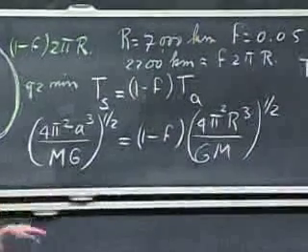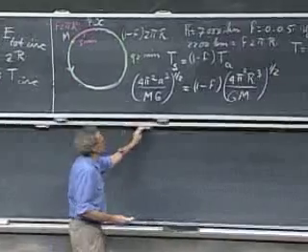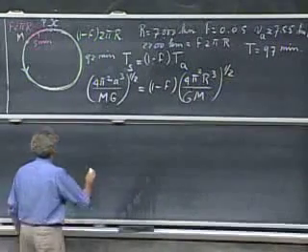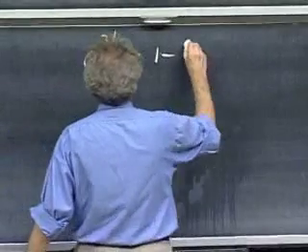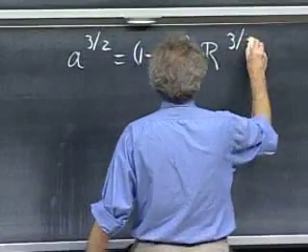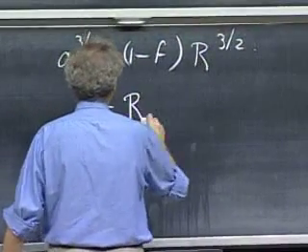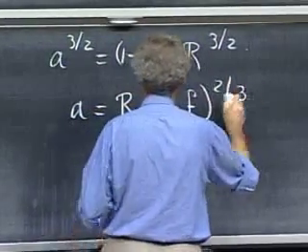Look, we lose m, we lose g, we lose 4, we lose pi. What we don't lose is a to the power 3/2 equals 1 minus f times r to the power 3/2. So a equals r times (1 minus f) to the power 2/3.